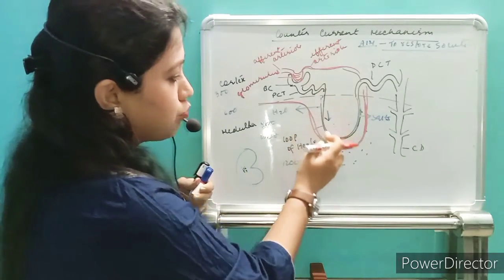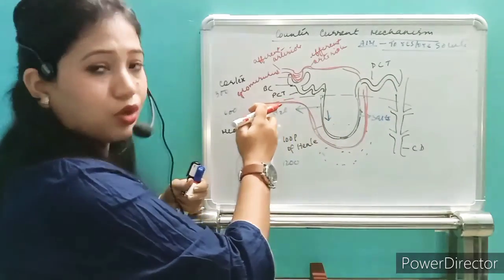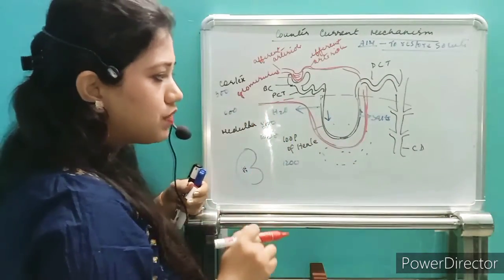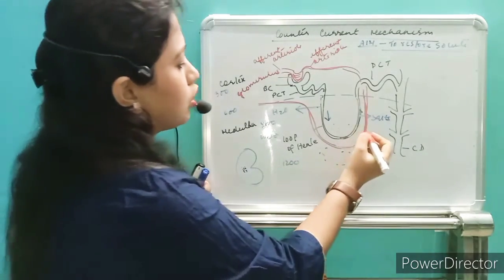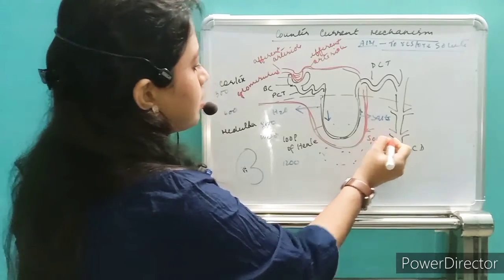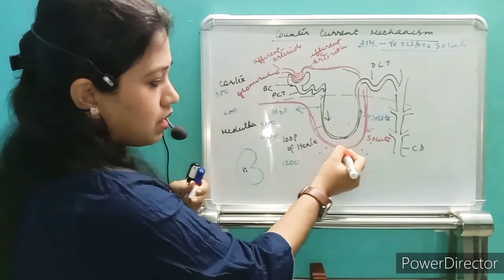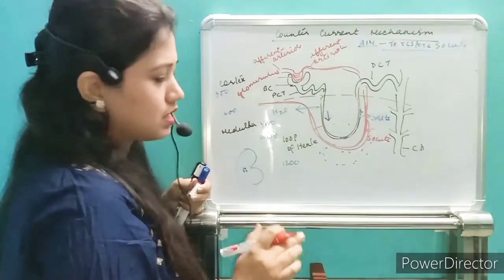Remember, the nephric filtrate is moving in this direction, and the blood will flow in this direction. So in this region, if some solute enters, to maintain the osmolarity, some solute will enter inside the blood vessel.